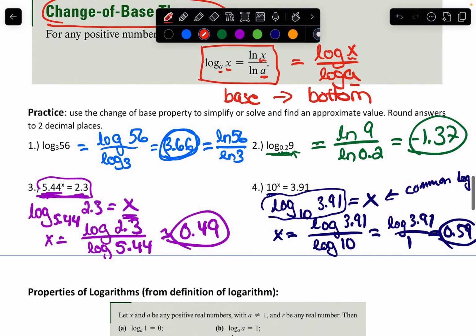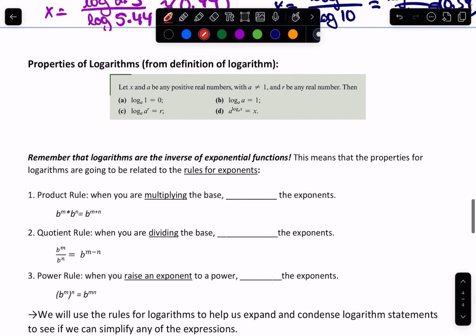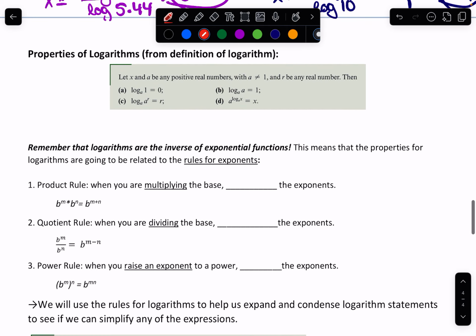Okay, properties of logs from definition of log. So we're gonna let x and a be any positive real numbers with a that does not equal 1 and r be any real number.